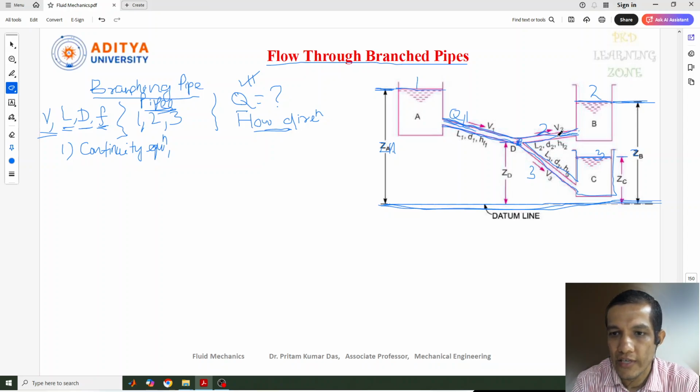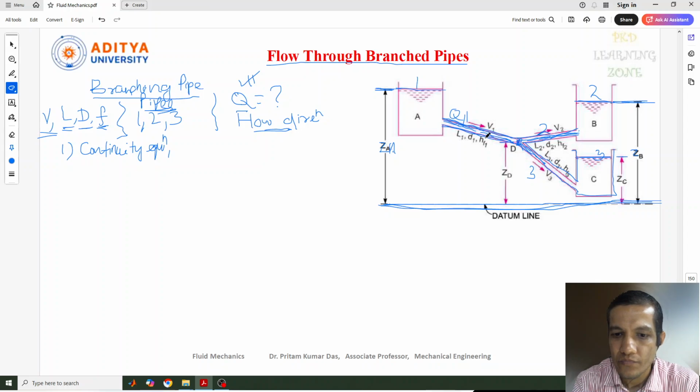So the flow coming from this reservoir will move to this side. Again, from this reservoir also there is a possibility that fluid will flow in the downward direction, and it also comes from here to here.